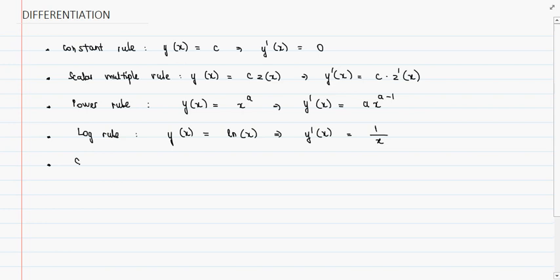Now the next is the sum of functions rule. If you have a function as a sum of other functions, how are we going to differentiate?